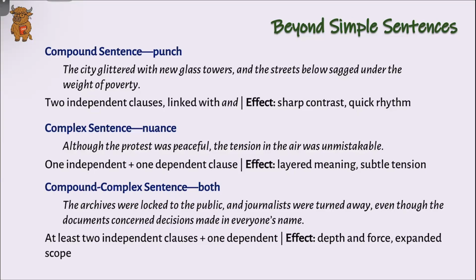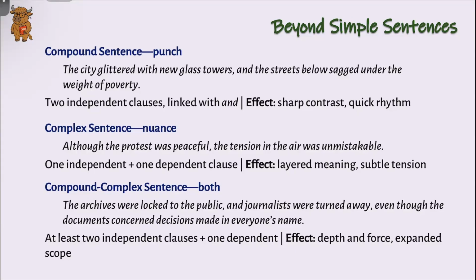So you've got a compound sentence, which has two what? Independent clauses. Right, meaning it's got two subjects and two verbs. But there's also a dependent clause. "The archives were locked to the public."